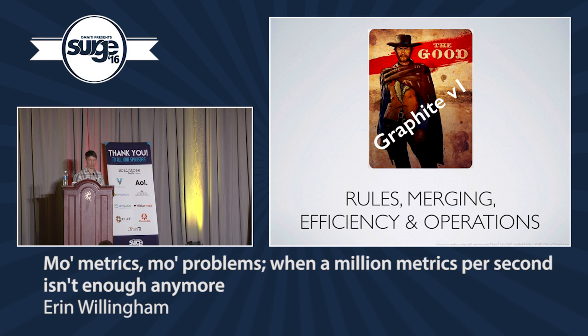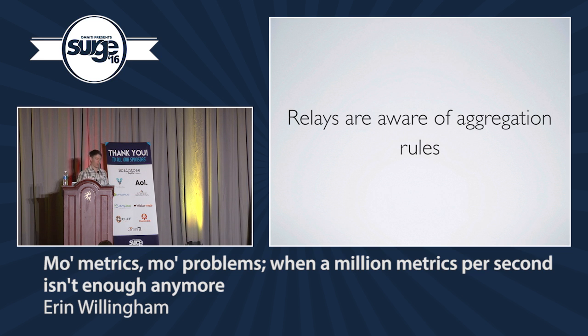So what is Graphite awesome at? If you're using Graphite right out of the box and you're working at a small scale, you may not realize it, but the relays with Graphite are actually aware of aggregation rules. That's really important when you have lots of different types of servers and, say, you want to average the memory usage for all your servers.